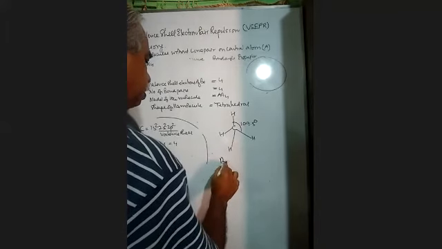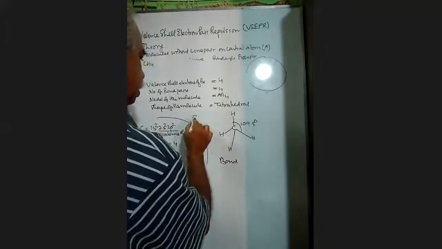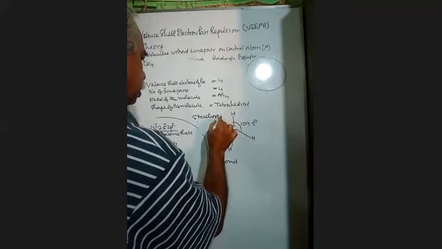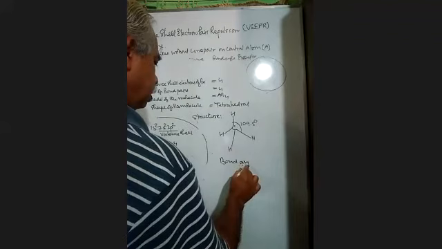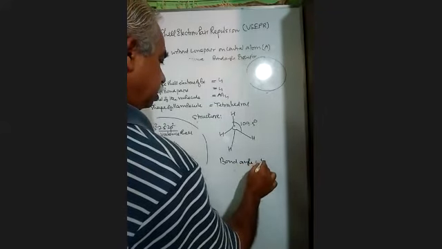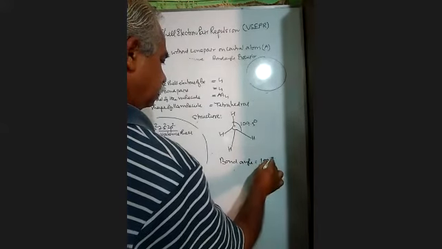The bond angle of the structure is 109.5 degrees.